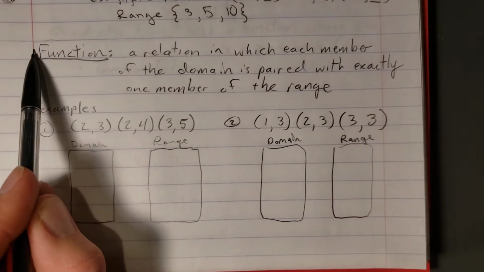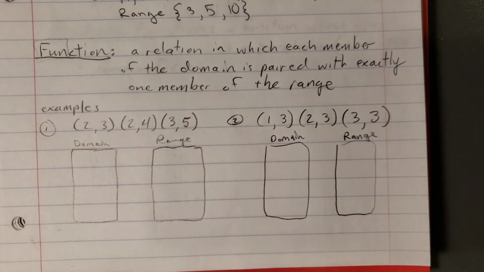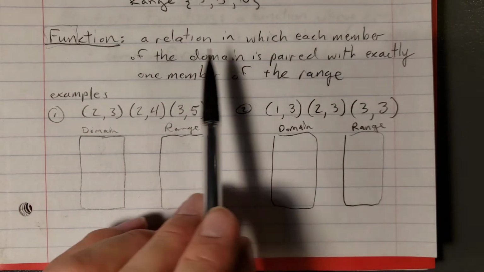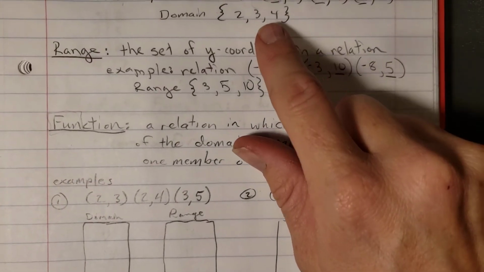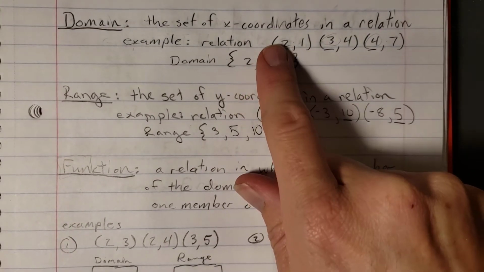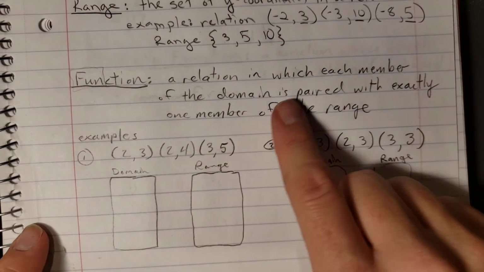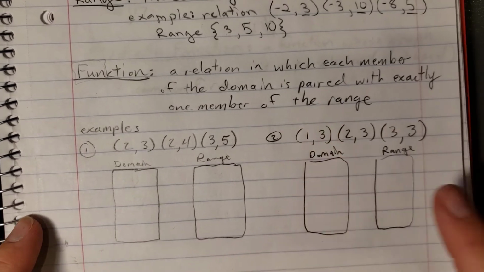You can see this special word in here, fun, because it just brings so much joy to so many people. We have a relation in which each member of the domain, each of these guys here, 2, 3, and 4, is paired with exactly one member of the range.